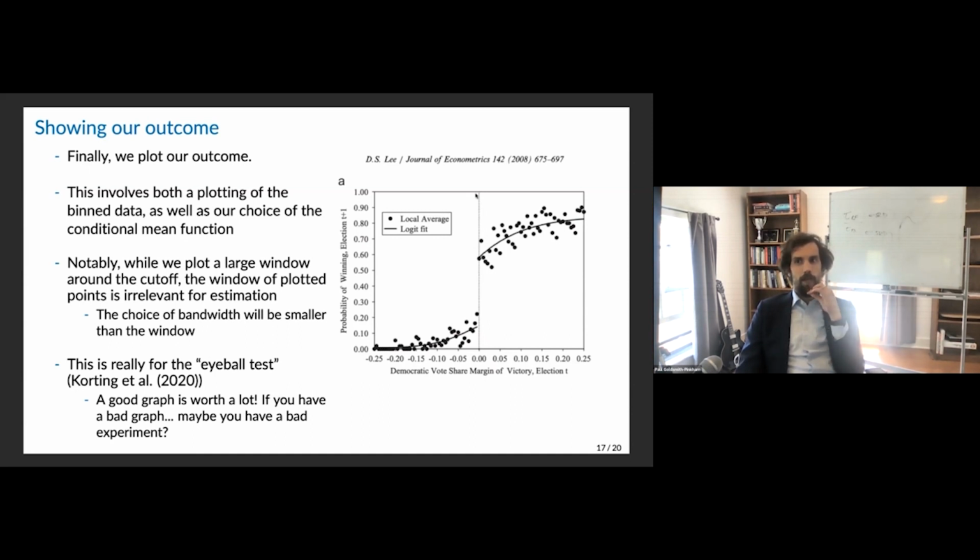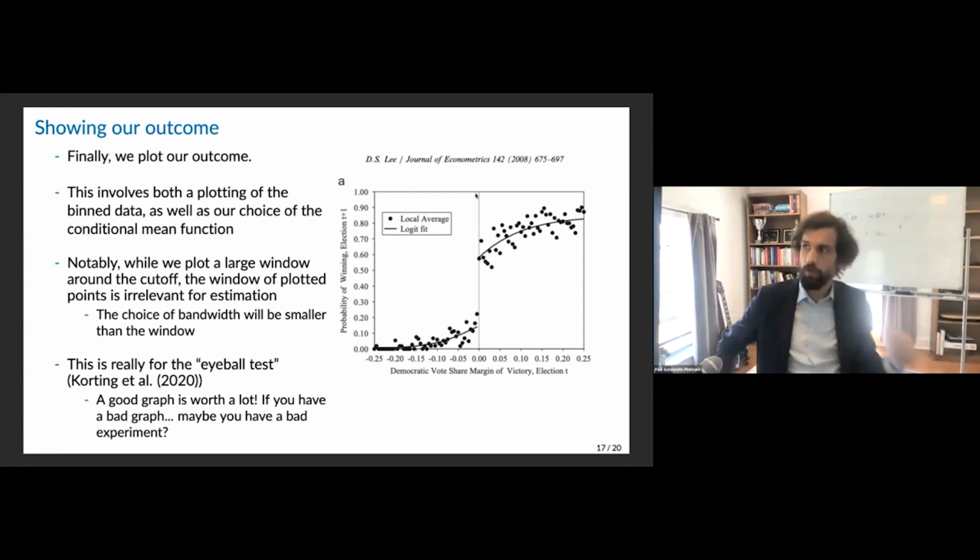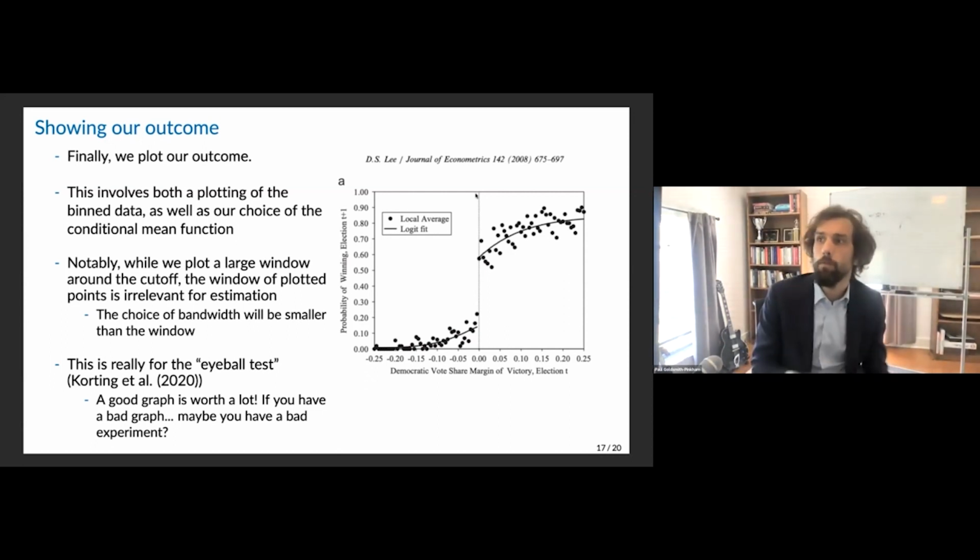And what you finally do is you say, okay, let's look at our outcome. So we plot our outcome, and that involves the plotting of our bin data as well as the choice of the conditional mean function. And one of the things, I touched on this earlier, is that, remember, we're plotting this large window around the cutoff. This graph here is from that Lee paper, right?